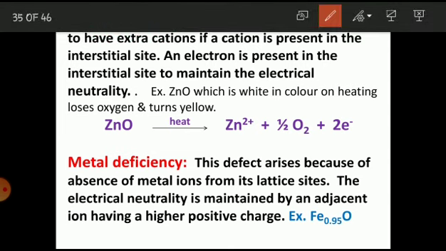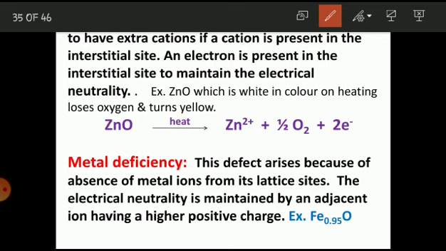If you add an extra cation to the crystal structure, it goes to the interstitial site. By addition of the extra cation, the electrical neutrality is disturbed. Therefore, to maintain electrical neutrality, we have to add an unpaired electron also, and that electron also goes to the interstitial site.